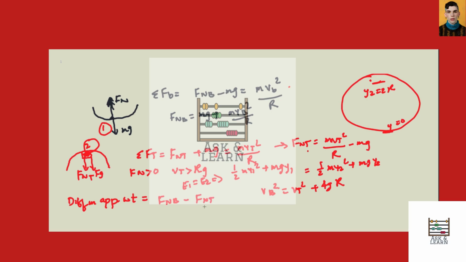If you look at these two equations, you will get mg plus m v bottom squared over r, subtracting m v top squared over r minus mg.